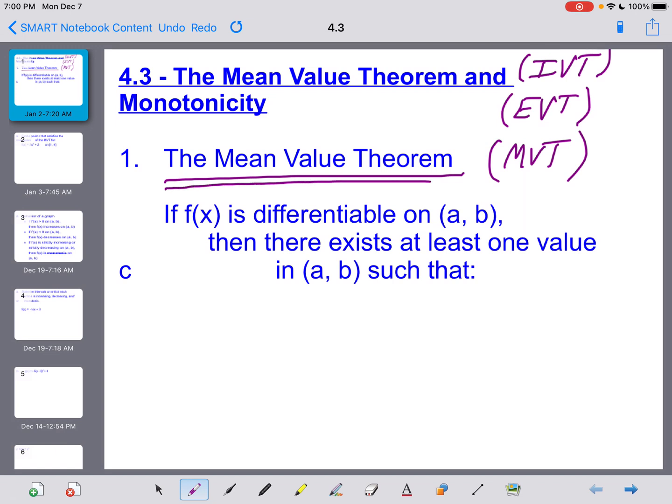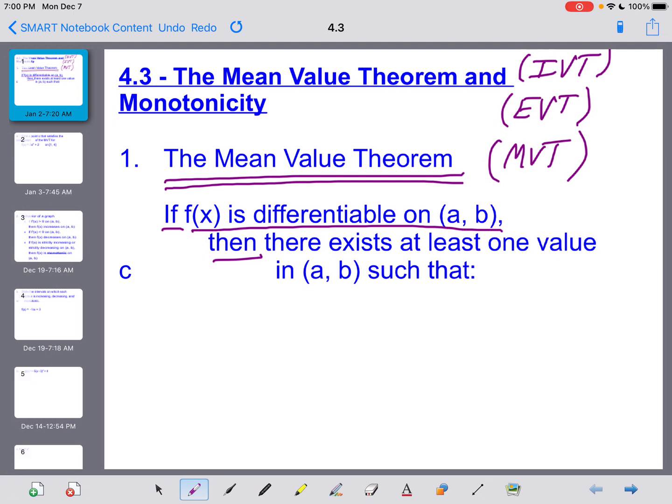The mean value theorem is actually probably one of the simpler ones of those. So here's what the mean value theorem says. Every good theorem should be written in if-then form. And the if, everybody, the hypothesis, is what has to happen for this function to apply. So the mean value theorem only applies to a function, f of x, that's differentiable on an open interval from a to b. The derivative has to exist everywhere in between.